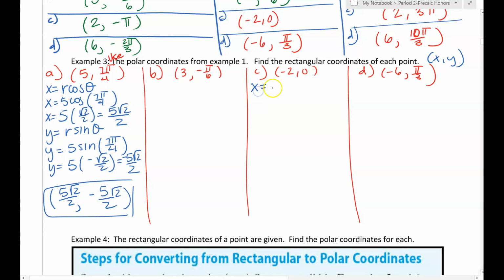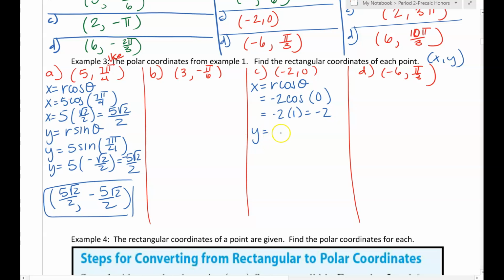C, same thing. I'm going to do r cosine of theta. r happens to be a value of what? Negative 2. Cosine 0 is 1. So guess what? You get a negative 2 back.